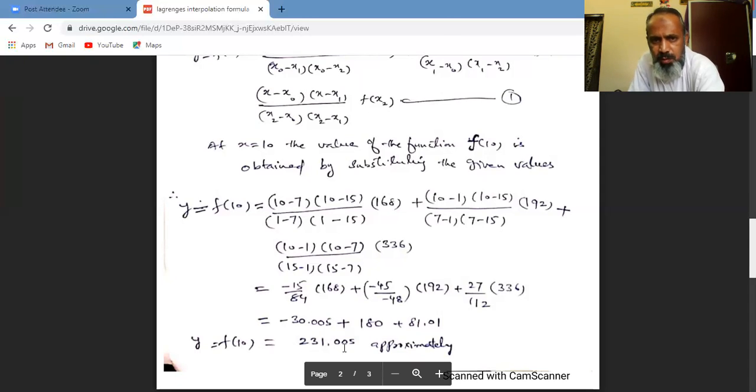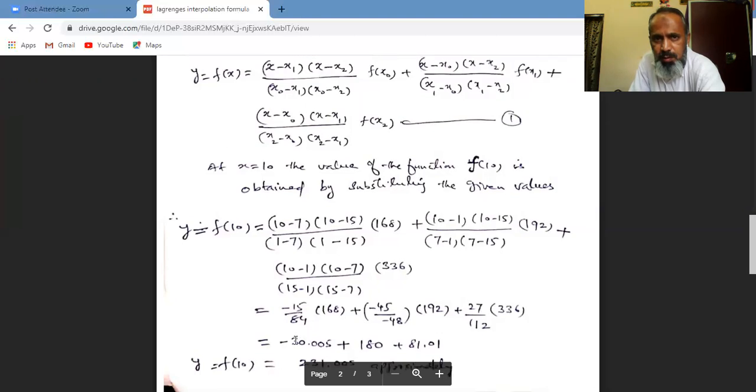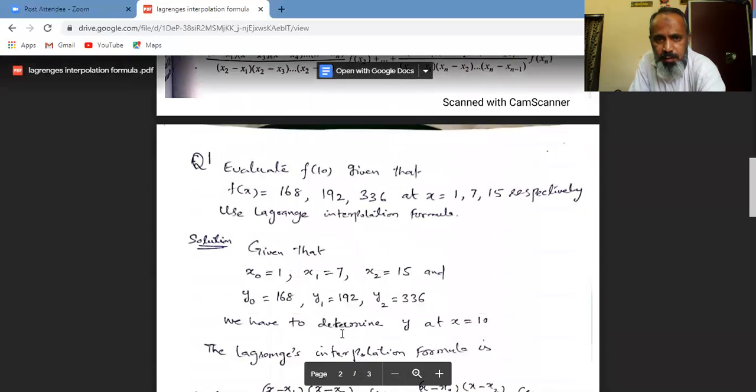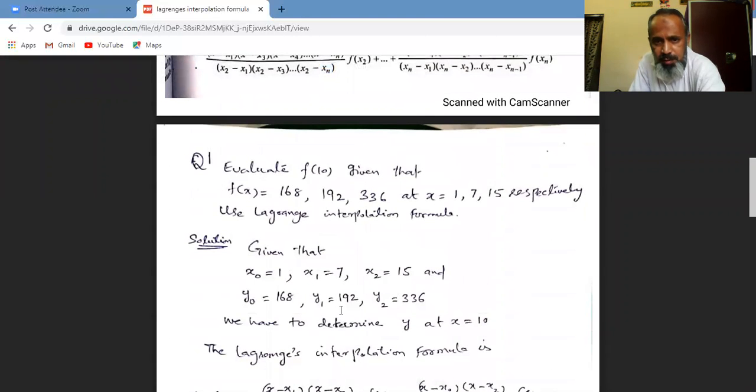See what is the value of the function at x = 7 and x = 15. This 10 is in between 7 and 15. So we will get the value of the function in between the given values at x = 7 and x = 15. See here, at x = 7 it is 192, and at x = 15 the value is 336.